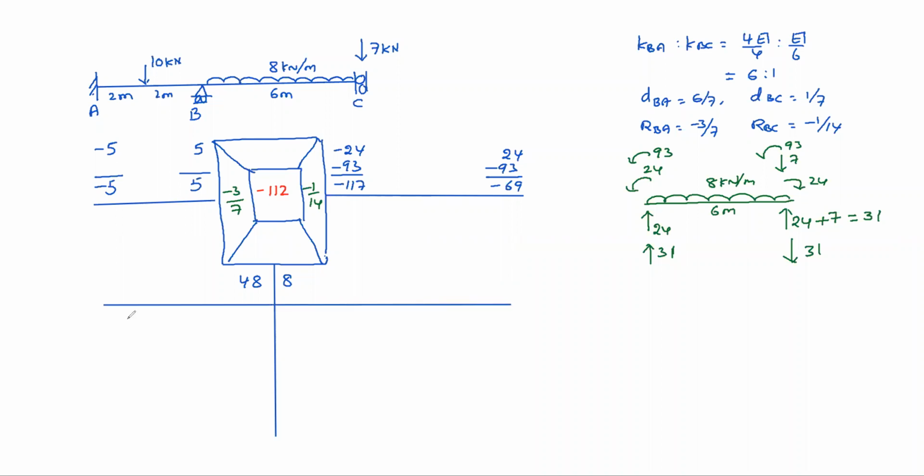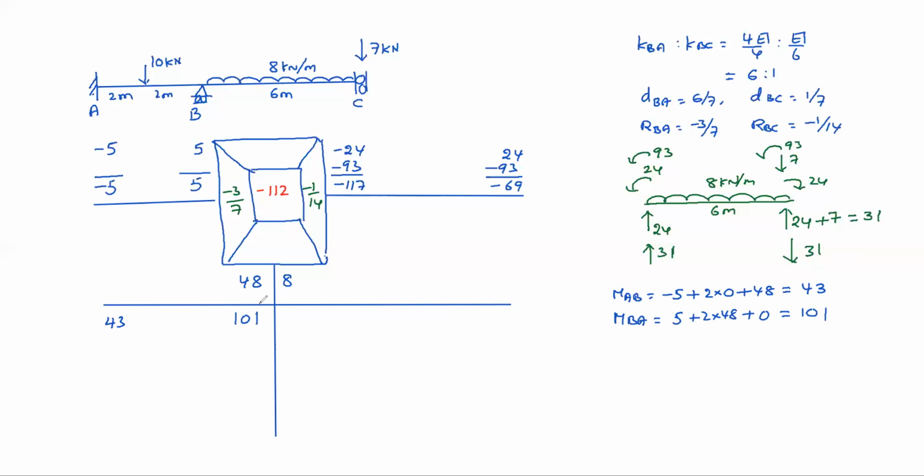Here MAB, fixed moment -5 plus 2 times of near end rotation contribution 0 plus far end 48, which is equal to 43. MBA equal to 5 plus 2 times of 48 plus 0 equal to 101.